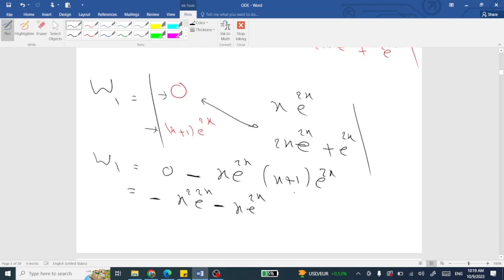Up to you. I prefer to leave it. I say W1 equal to minus x e to power 4x times x plus 1. Leave it. Maybe later there's elimination, I don't know.